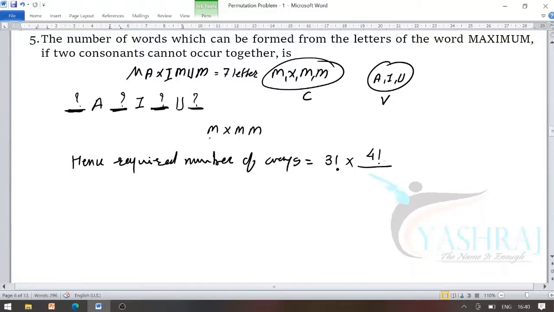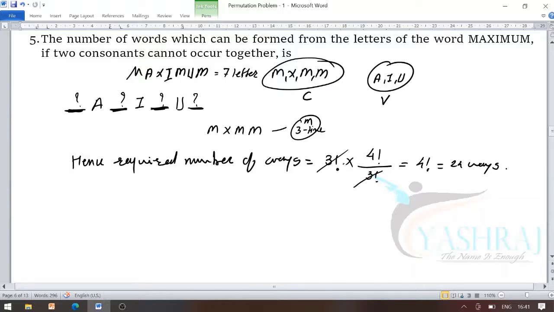Among them M is repeated 3 times, so we have to divide by 3 factorial. So ultimately 3 factorial gets cancelled, and 4 factorial gives 24 ways. That means there are 24 words that can be formed using the letters in the word MAXIMUM such that two consonants cannot occur together.